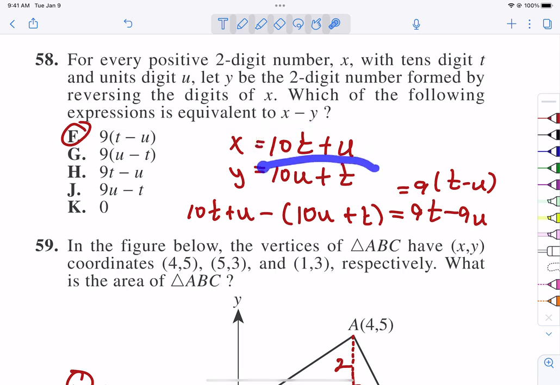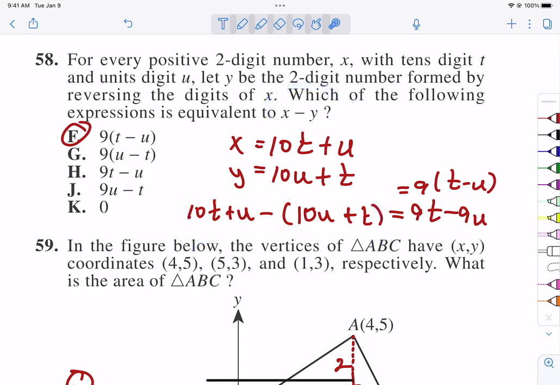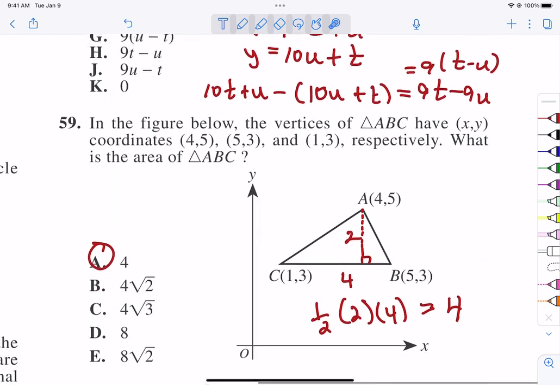If the numbers are switched around, now the U is in the tens place and the T is in the ones place, and they wanted us to subtract them. So you'll notice I've subtracted, and you just distribute. That would be a -10 and a -1, and that's when you get that. The only one that matches that is the top one there. If you factor out a 9, you get T minus U. So that's 58.